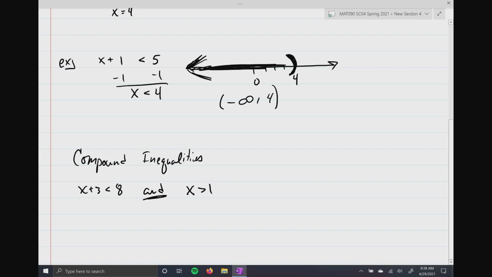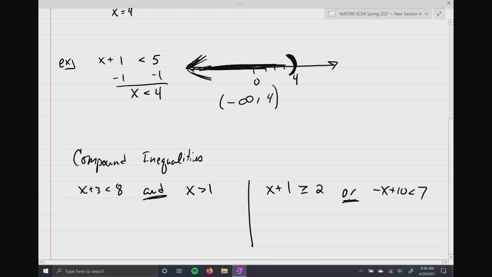The other one we can have, and I'm going to draw a little line here: x plus 1 is greater than or equal to 2, or negative x plus 10 is less than 7. So the difference is the word in between the two inequalities.